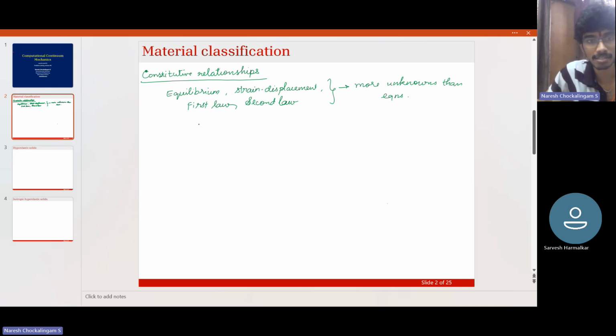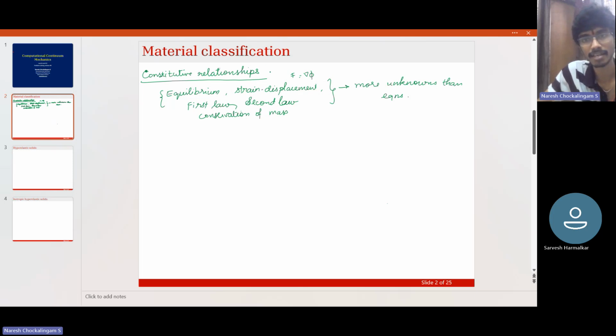Therefore, we wanted additional conditions. These are all physical principles. They are common for all the materials. So also conservation of mass. So the conservation of mass, equilibrium, which is the conservation of linear momentum, first law, second law, and the strain displacement, that is F is equal to grad phi or grad x.